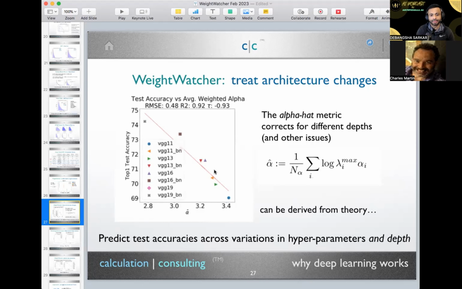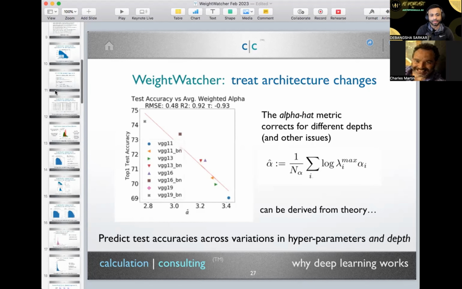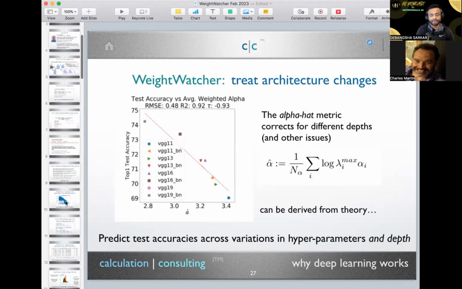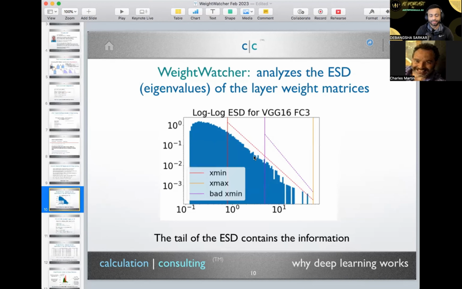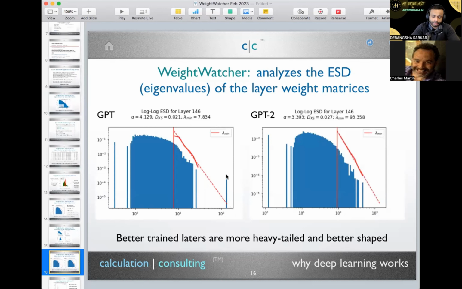Whenever there's a scale anomaly, I think of it like this. Alpha is a measure of the shape. This orange line is X max. It's a measure of the scale. What we think is happening is that sometimes the depth or other problems cause scale anomalies, which, for example, will cause, like in GPT, a large eigenvalue to pop out for some reason.